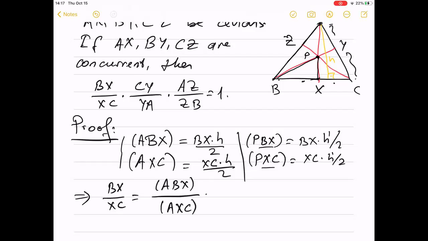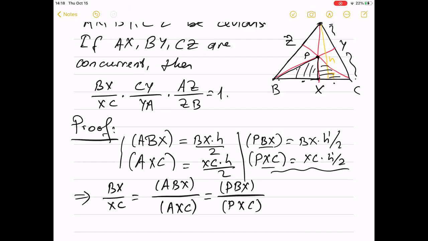And that is also, from the right hand side, this is also equal to PBX over PXC. This area, PBX, this area over that area.